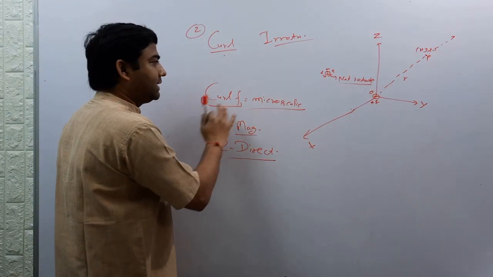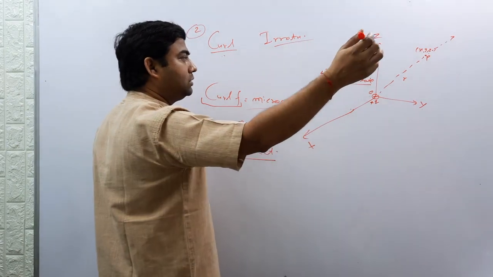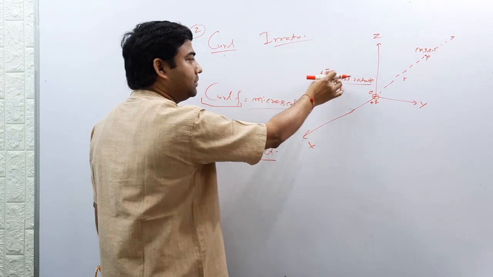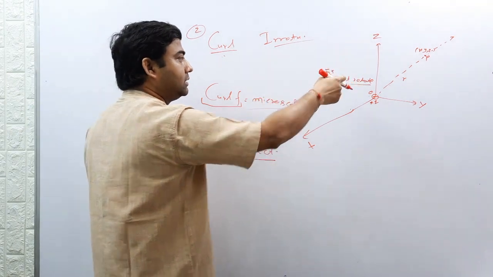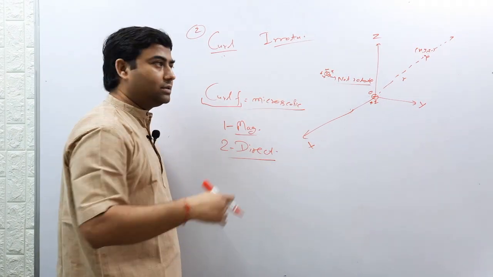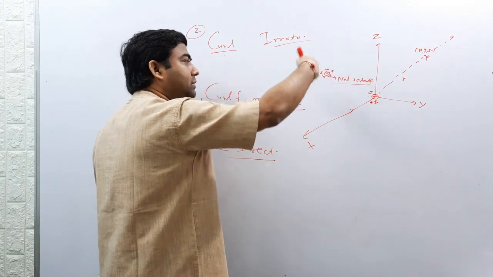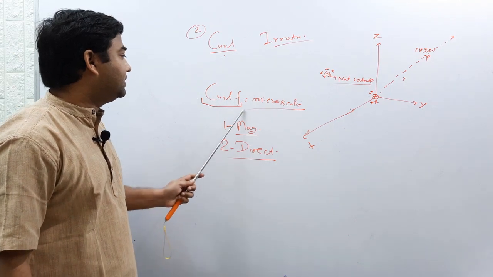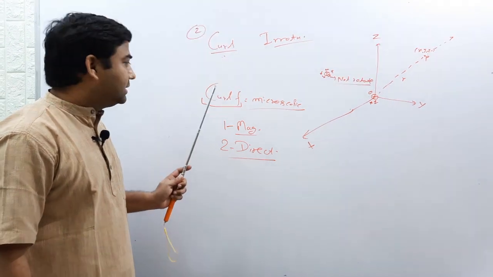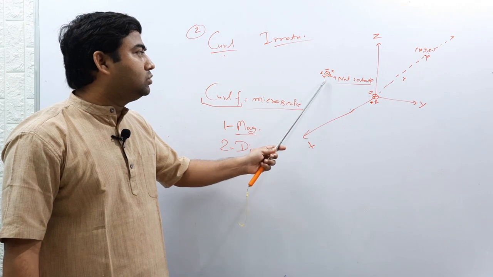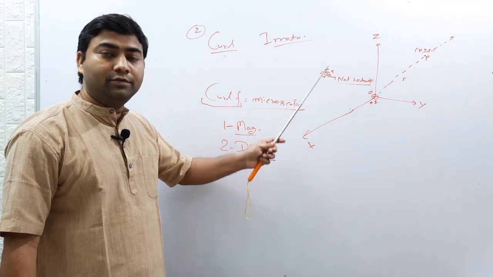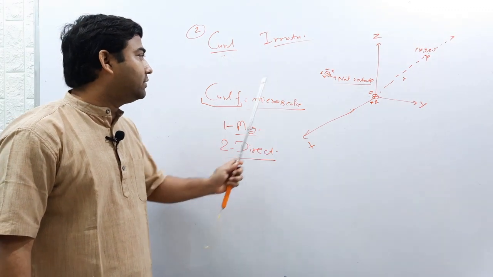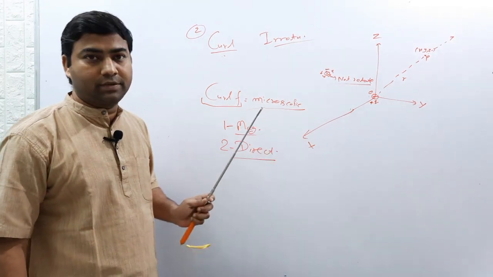So if the direction of the curl vector is such that it is coming out from this plane, it will rotate in anti-clockwise direction. If it is going into the plane, it is rotating clockwise. So the magnitude and the direction of this curl vector decide the magnitude and direction of rotation of the field.